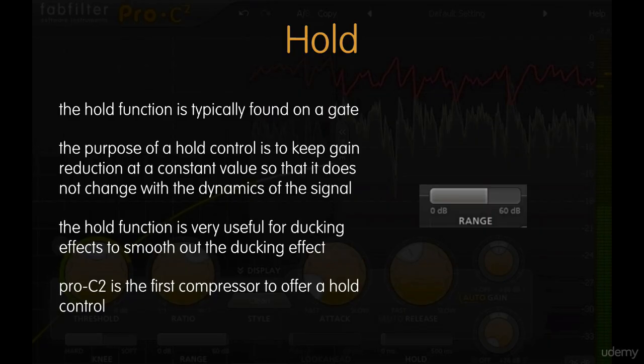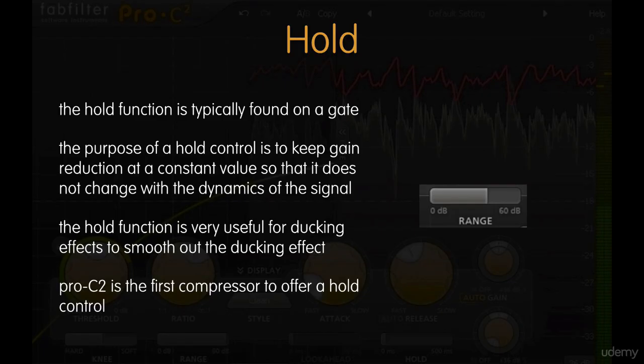Very useful, again, for sidechain compression, but also for a ducking effect, very typical for radio announcers when they're talking over music, where they want the music to come up and be big. So the music is big when they're not talking, but when they start to talk, the music automatically dips because it's triggered by a sidechain trigger from the voice.